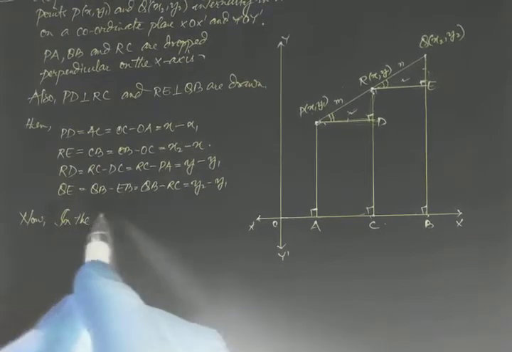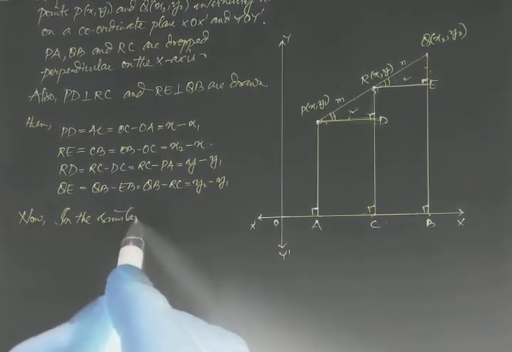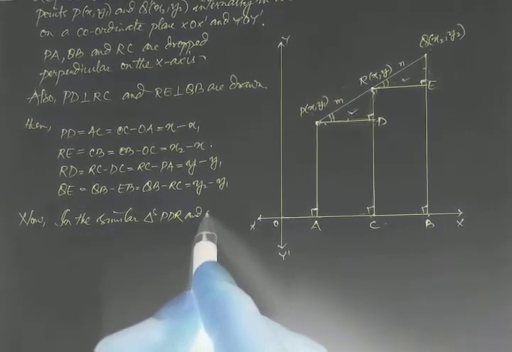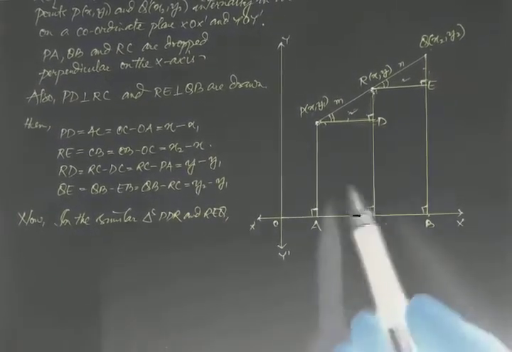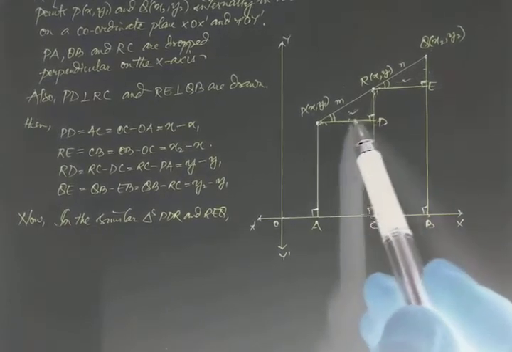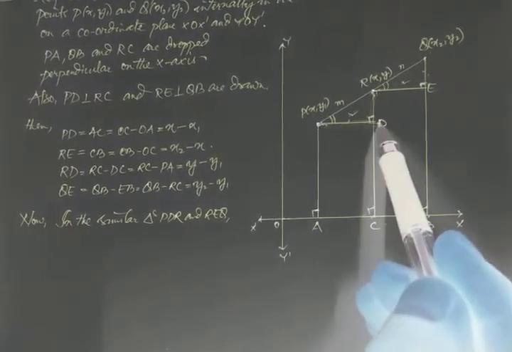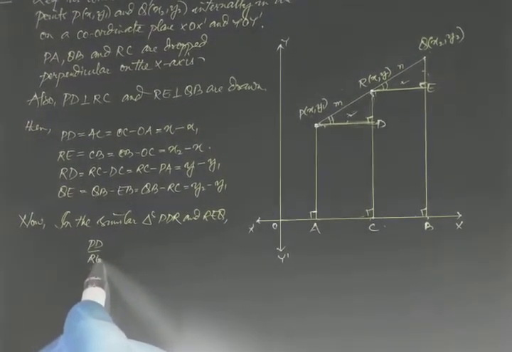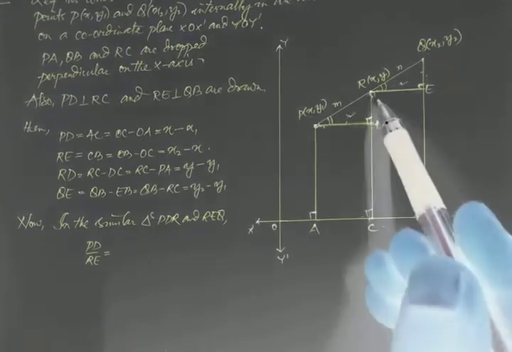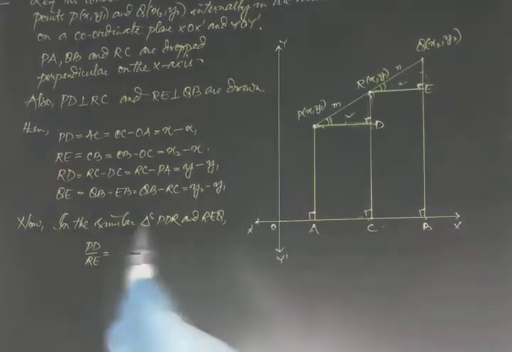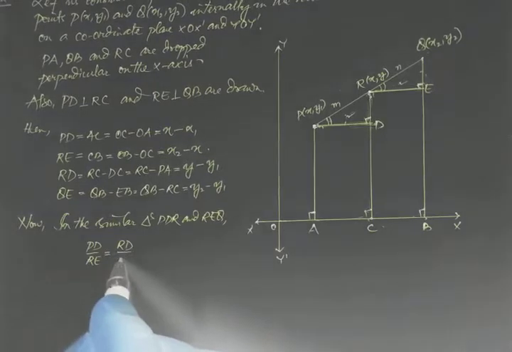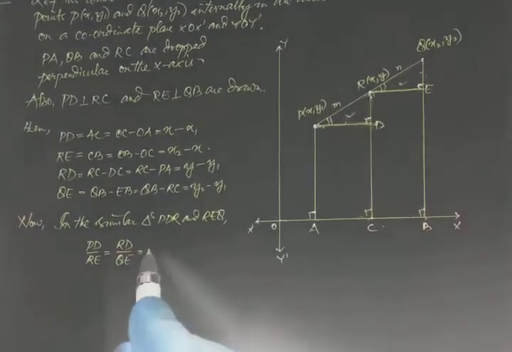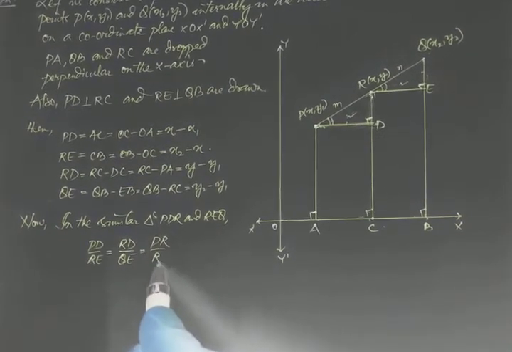In the similar triangles PDR and REQ, as we know in similar triangles corresponding sides are in the same ratio, that means PD by RE will be equal to RD by QE, which is again equal to PR by RQ.